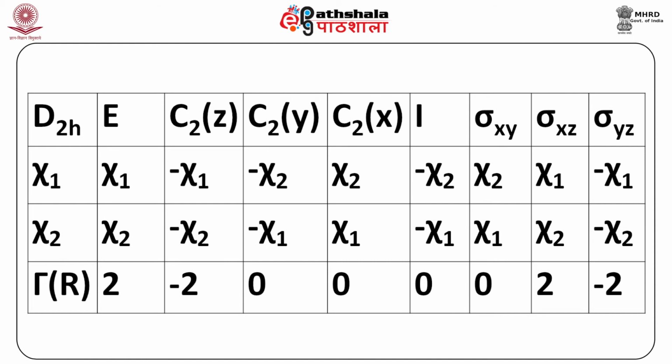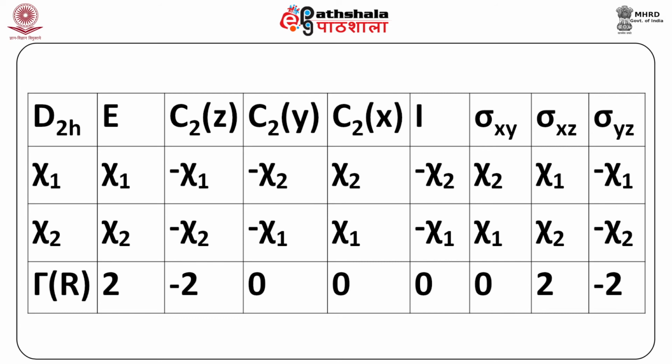The reducible representation character is 2 for E. Chi1 remains chi1 but changes sign, and similarly chi2 also remains in position but changes sign, so the total character is equal to minus 2 for C2z. But in the C2y, C2x and I operations and the sigma xy operation, they exchange positions, so they do not contribute to the diagonal, so the character is equal to 0. Similarly for sigma xz it is 2, and for sigma yz it is minus 2.